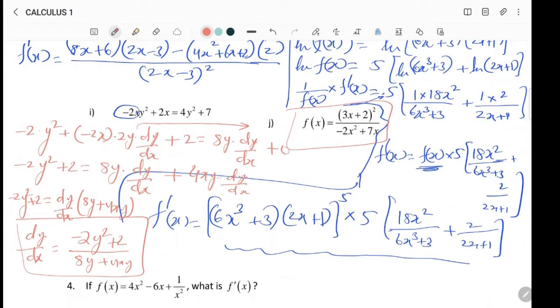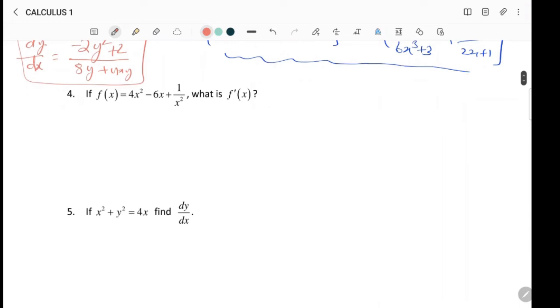Okay, now we are going to do question 4. Question 4, f dash x. So first we will write f(x) equals 4x squared minus 6x plus x to the power minus 2, and then we will differentiate.